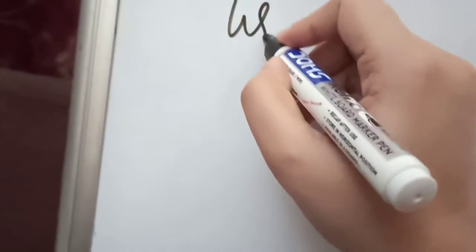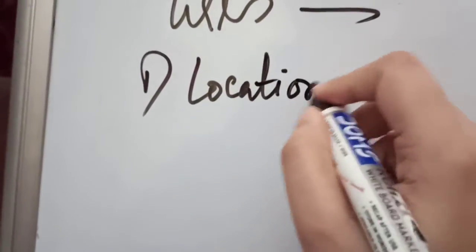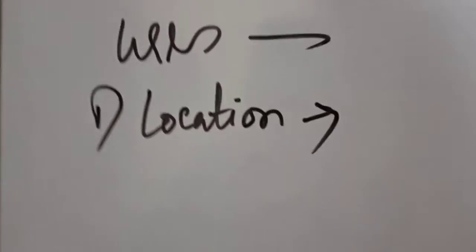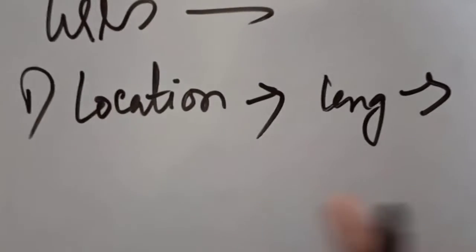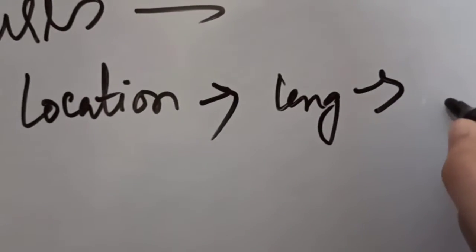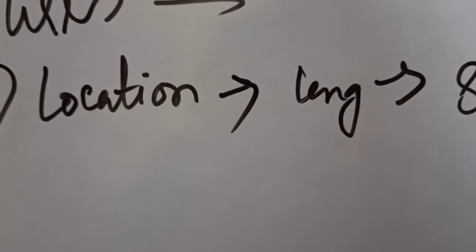Now let us see some of the uses of the meridians of longitude. So what are the uses of the meridians of longitude? Number one use is location. Like the latitude, longitude also helps to locate any place on the earth's surface. For example, the longitude of Kolkata is 88 degree 24 minutes east.